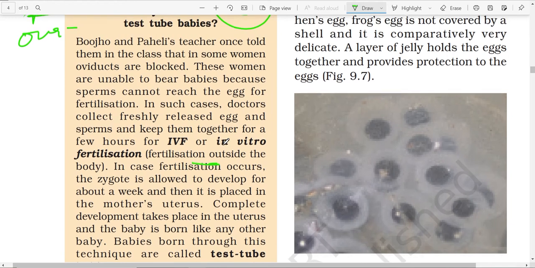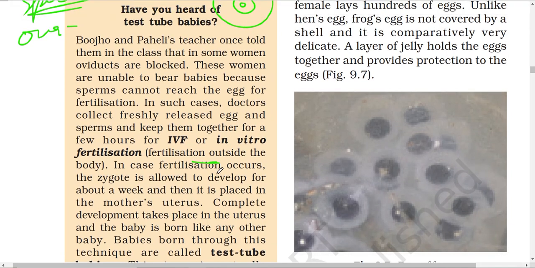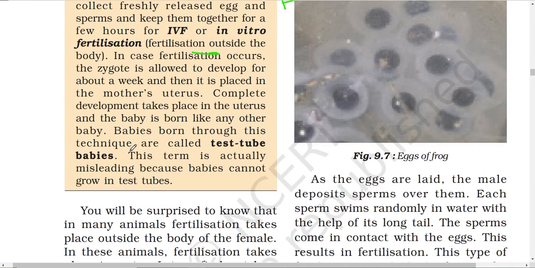Afterwards, that zygote is developed in the uterus. After this outside fertilization, it is embedded in the female uterus. This is how in vitro happens, and the baby born through this technique is known as a test tube baby.